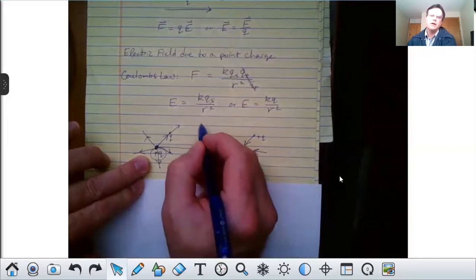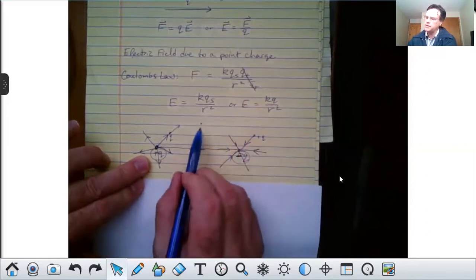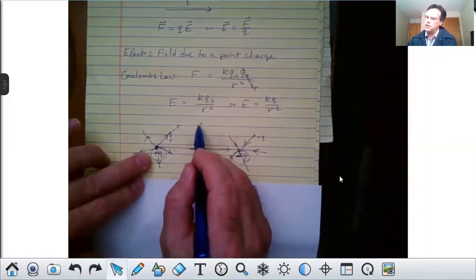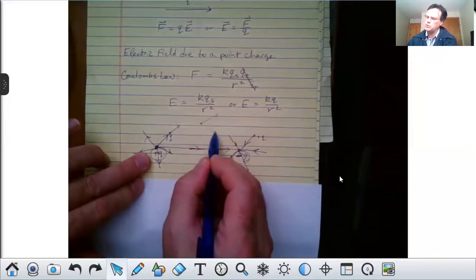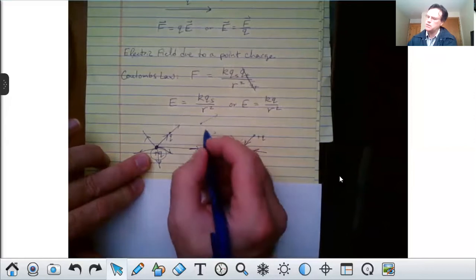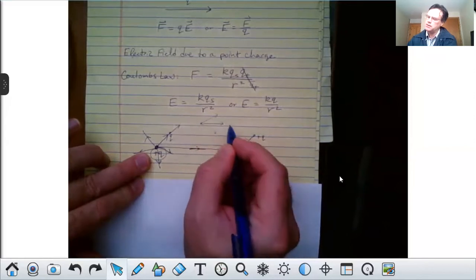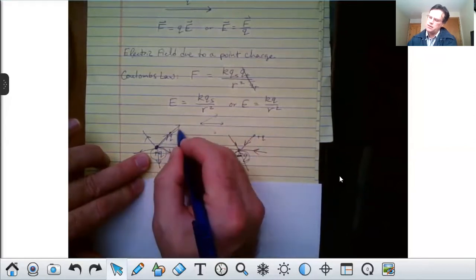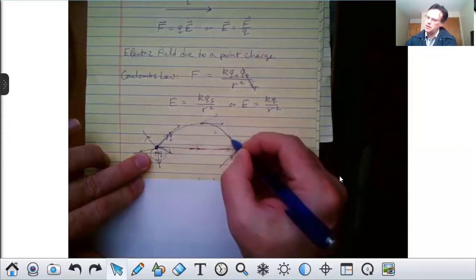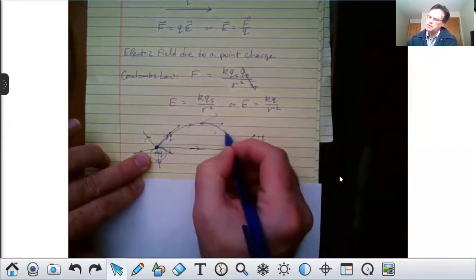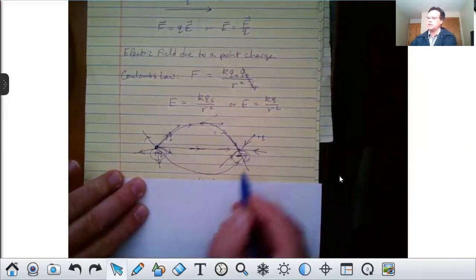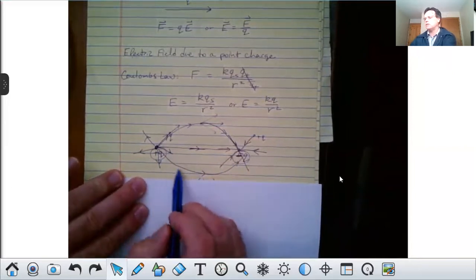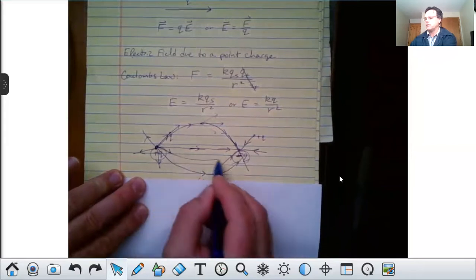Now, if I was up here at another point, my electric field would be pointing away from my positive, but toward my negative, so the net field would look something like this. And if you draw these lines, you'll get kind of curving lines around the charges, and you can do that down below, right? But the electric field lines are always going from positive to negative.